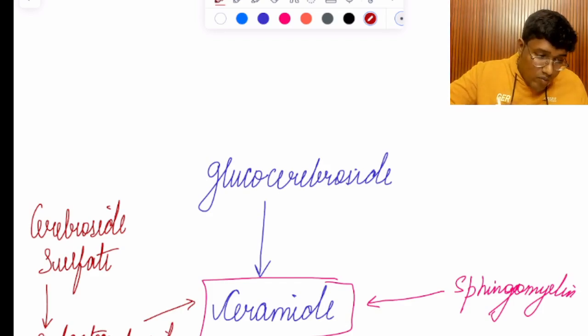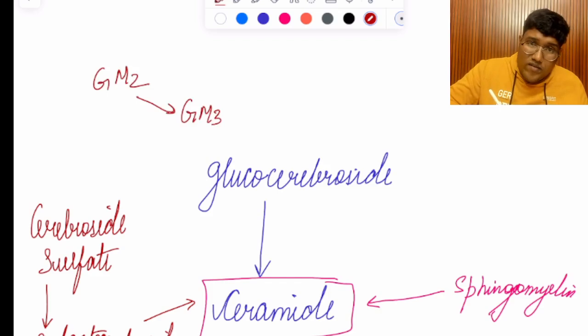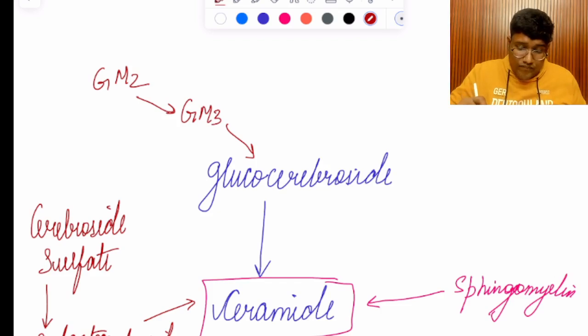Now, when you talk about glucocerebroside, there is something called GM2 that becomes GM3. Doesn't matter if you know it or not, and it becomes glucocerebroside.